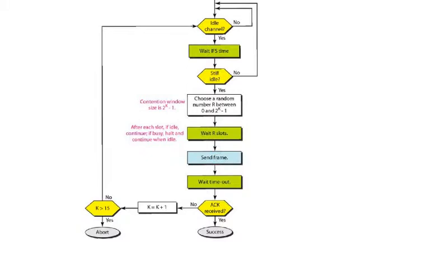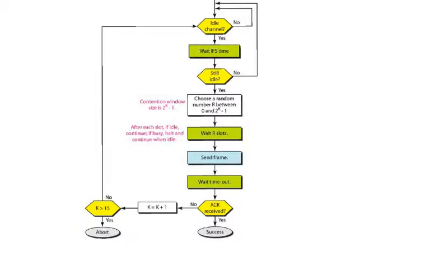When I send the frame, I cannot detect collisions. Unlike CSMA/CD, where when I send the frame I continuously sense to see if there was a collision, because I can detect it from the energy level, here I cannot sense the energy level. So I send the frame and then I hope it will go through.